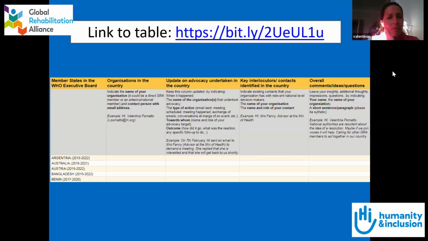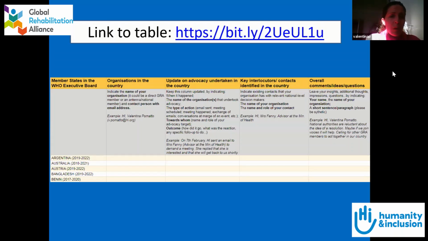The third column is really about providing the update on the advocacy undertaken in that country. So you should mention what organization undertook the advocacy, what type of action. Was it just about sending a letter? Was it about already having a meeting? Or, I don't know, hosting a seminar in which you also invited governmental officials to speak about it?